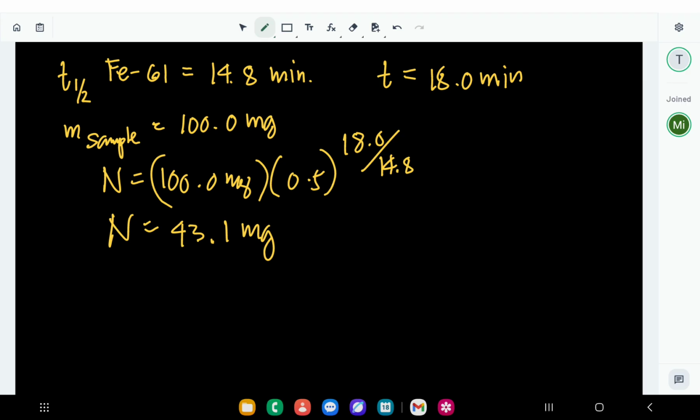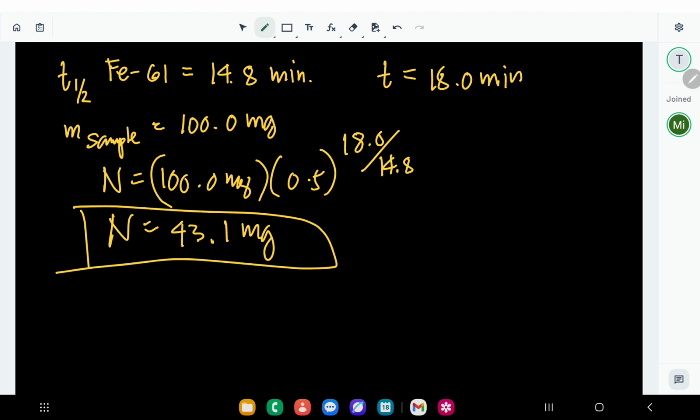And n is 18 divided by 14.8, which is 1.2. So it should be 43.1 milligrams of iron-61. But you didn't follow the instruction, which means you don't have the right to complain about this. All right, let's move on to the next problem.